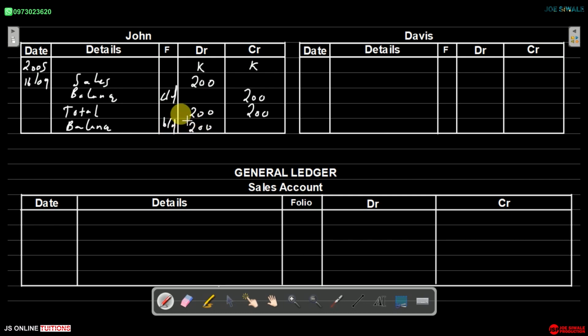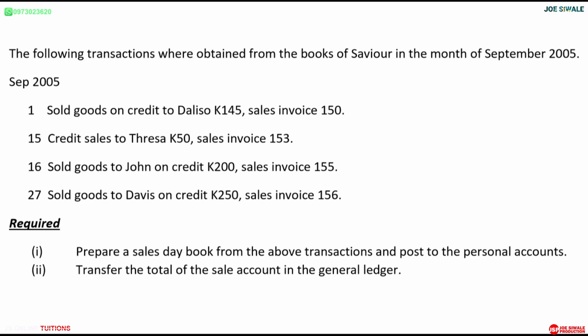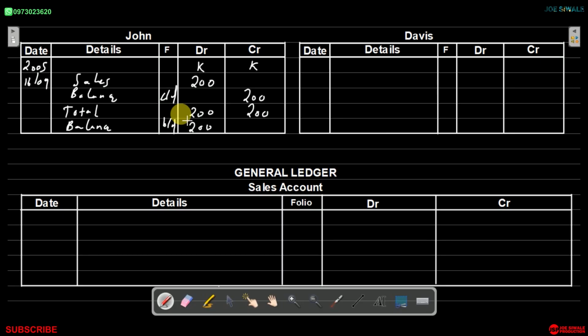Let us look at another transaction on the 27th. So it goes to Davis on credit amounting to 250, sales invoice 156. And since this is the only transaction that occurred for Davis, that means we only have one amount, and that amount is 250. So we're just going to show 250 in the account for Davis.